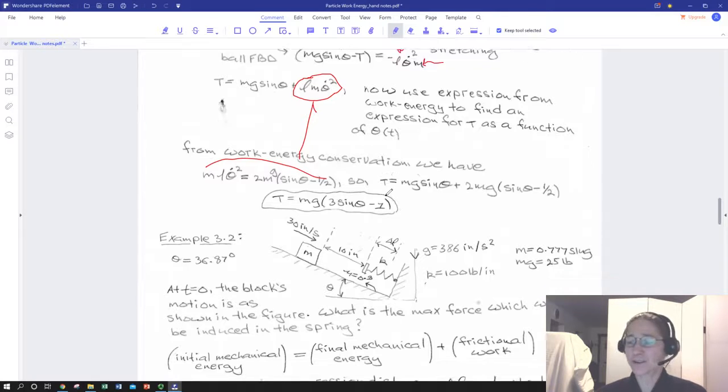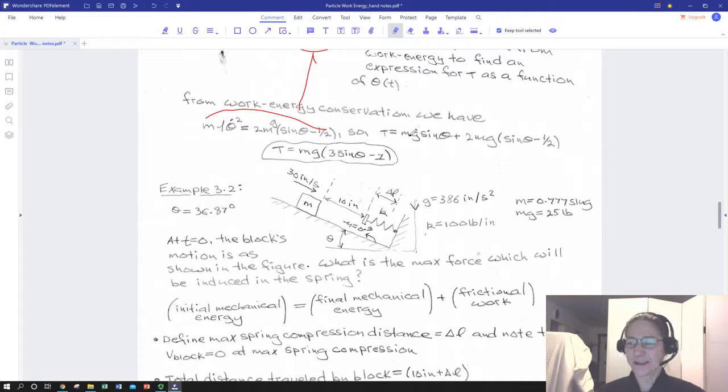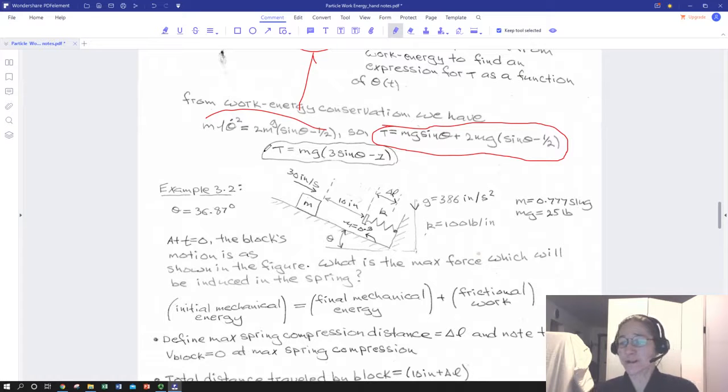And without having to do the complicated integration trick, which was totally valid, but without having to do any kind of more complicated math, we're able to get an expression for tension, an algebraic expression in terms of sine theta. And when we simplify, we find we have the same expression that we got when we did the mathematical manipulation of just the equations of motion that fell out of our Newton's second law.